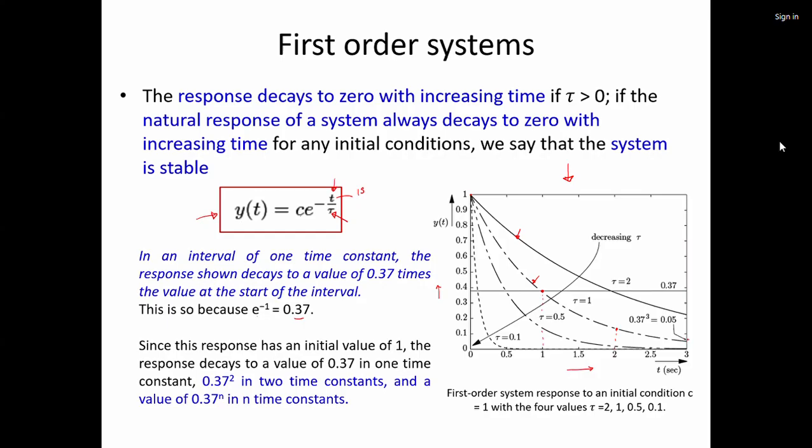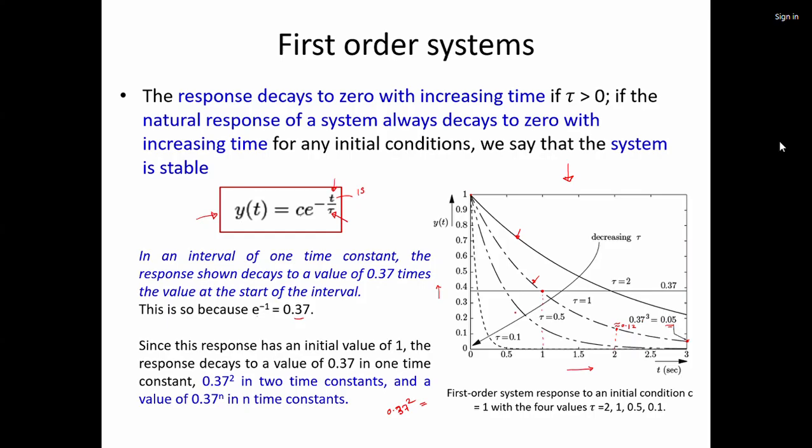Here it will reduce to 0.37 cubed, that is 0.05. And 0.37 squared will be around 0.12 or 0.13, something like that.